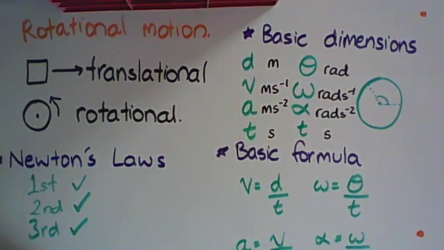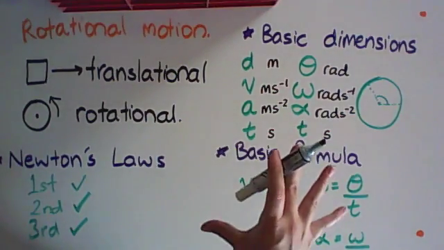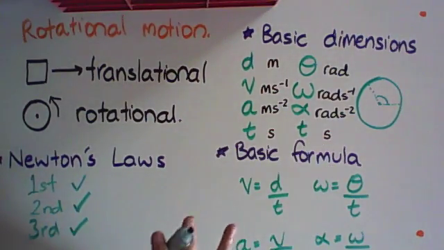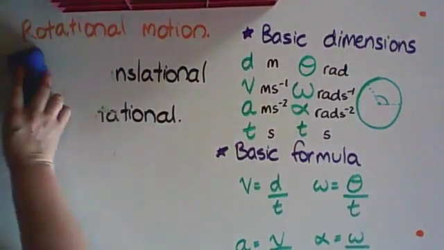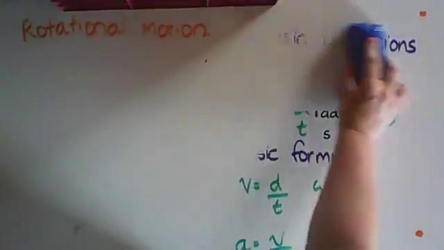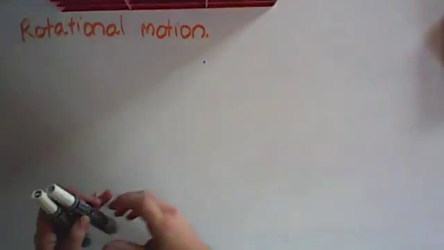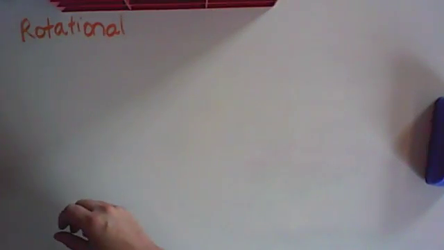So we're going to do a little bit of stuff in class on our basic formulas, understanding rotational motion, but most of our time is going to be spent not on rotational motion in this very basic form, but instead on rotational kinematics.